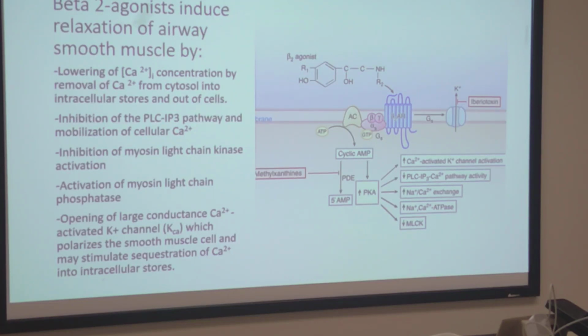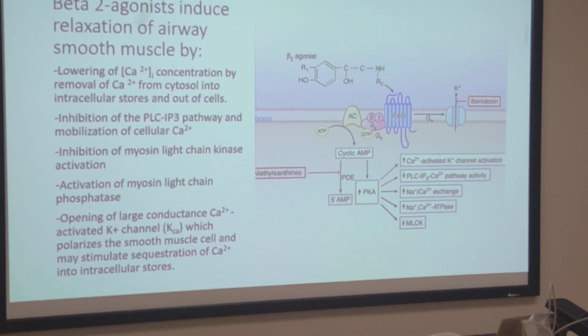These target cells, as I said, there are multiple cells: epithelial cells, mainly the bronchial epithelial cells, and fibroblasts, the blood vessel fibroblasts, etc., which contain beta-adrenergic receptors, and they will dilate. How do they dilate? These are the events which beta-adrenergic receptors increase or decrease.